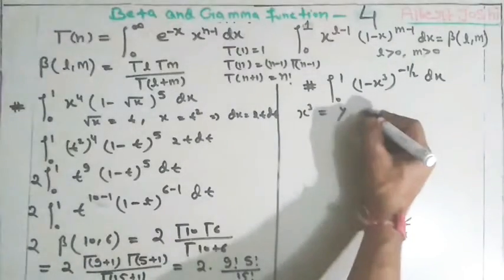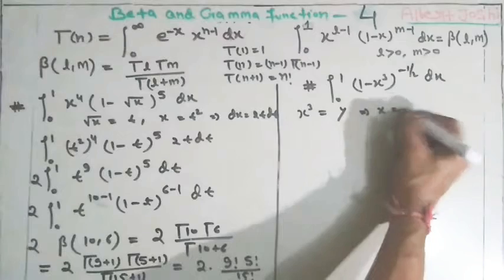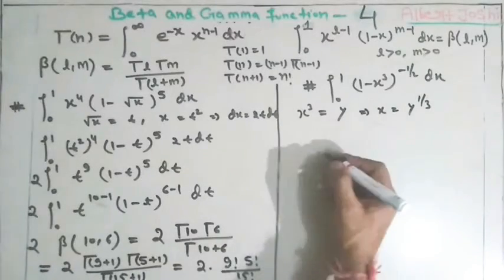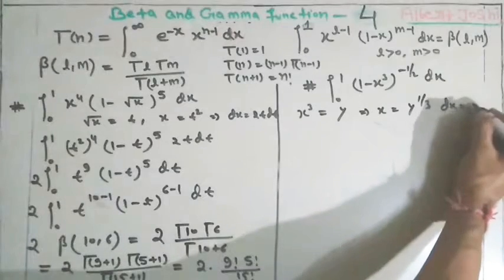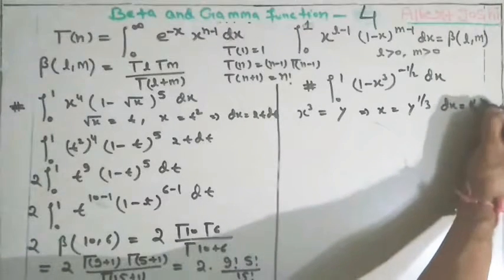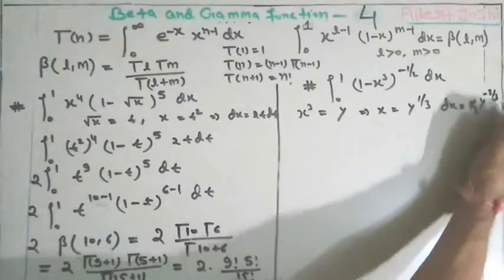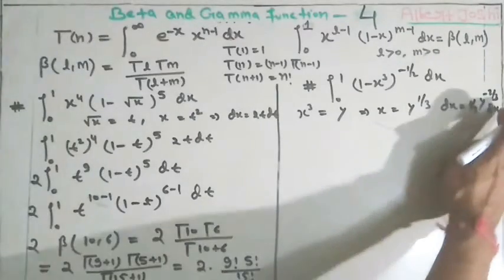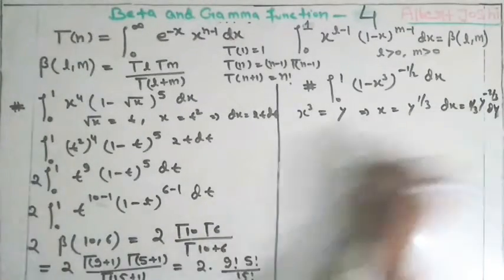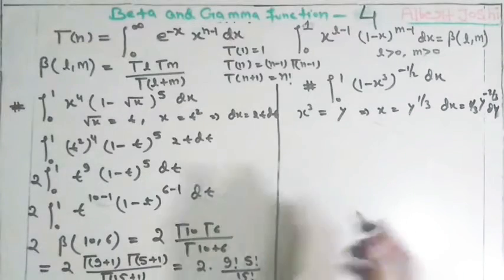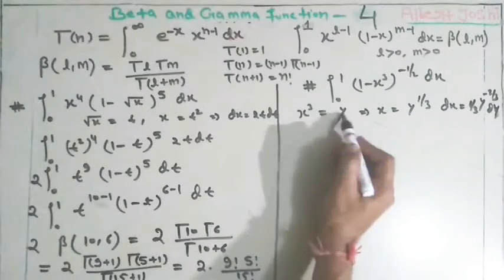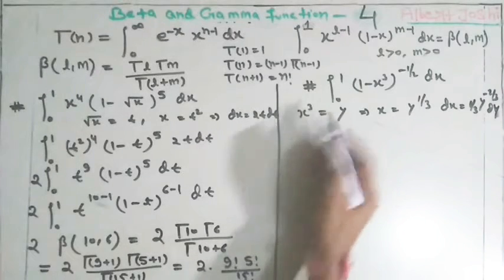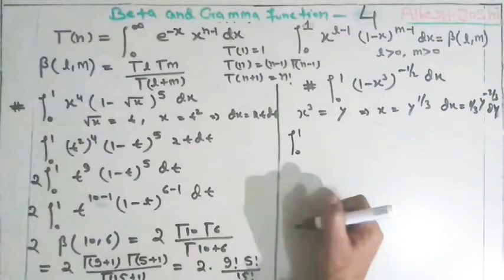So it implies that x = y^(1/3). What about dx? If you differentiate it, you will get (1/3) y^(-2/3) dy. You know that if x = 0, then y = 0, and if x = 1, then y = 1, so there is no change in the limits.